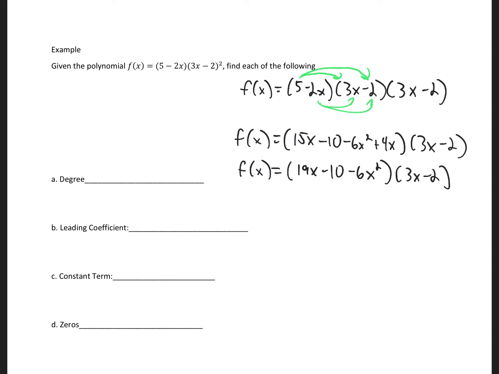So I'm going to actually distribute the other way now. Distributing in 3x and then -2.